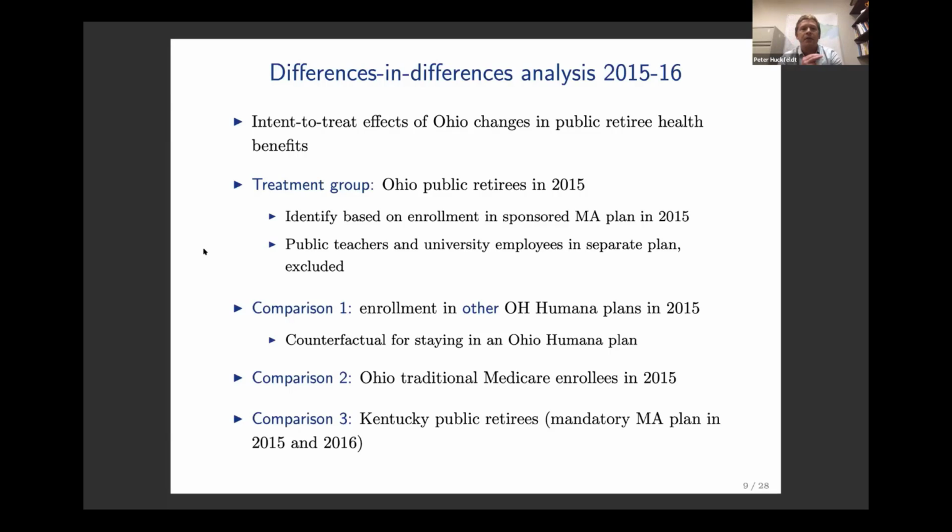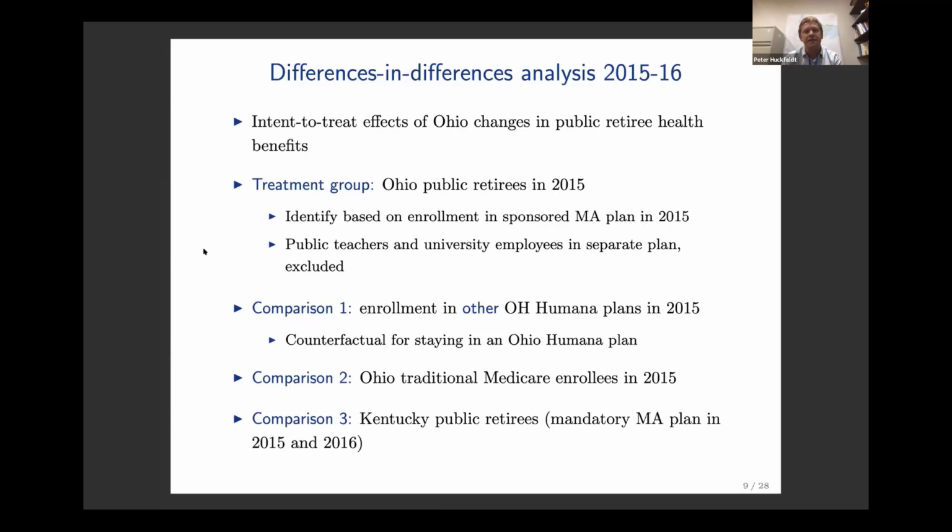So then we have 3 different comparison groups. Our first comparison group are people who are enrolled in other Humana Medicare Advantage plans in Ohio in 2015. This is going to give us basically a counterfactual for people who stayed in the Ohio Humana plan from 2015 to 2016. We don't actually just focus on people who stayed in the plan in 2016, but most people did. So with our intent to treat, that's how that's working. Our second comparison group are people who were in traditional Medicare in 2015.